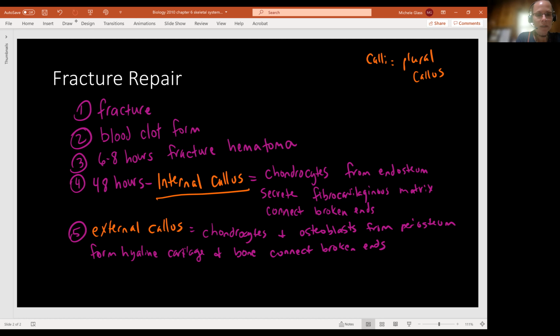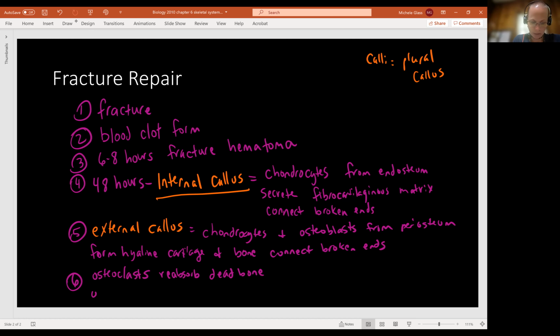And then we're going to see three major things happening. We're going to have the osteoclasts, our big cells that can come around and eat up the old bone. They're going to reabsorb our dead bone from the break.